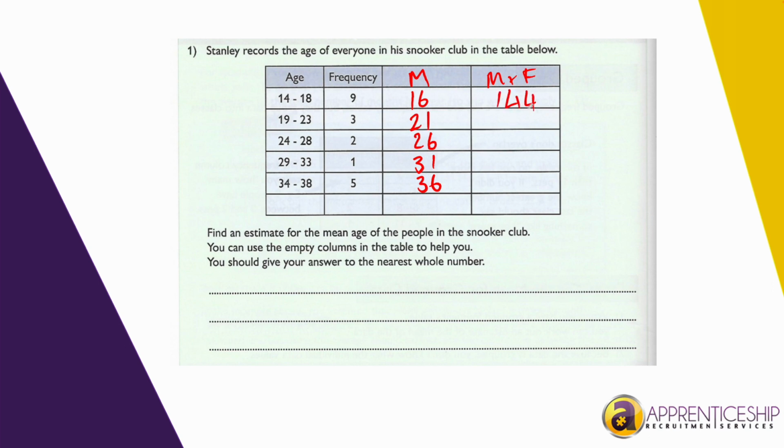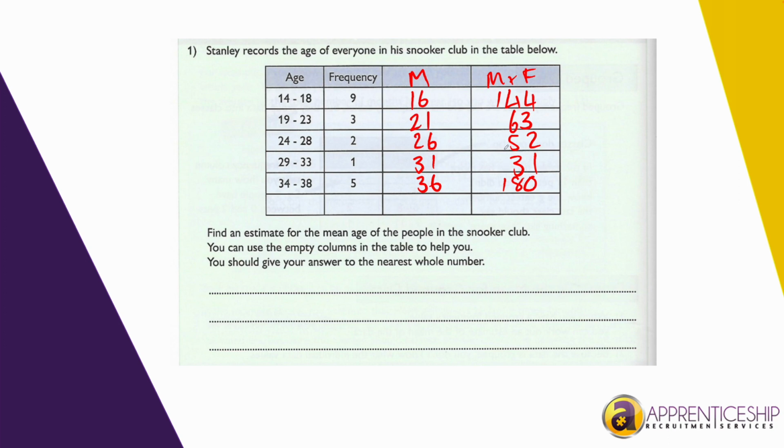3 times 21 is 63. 2 times 26 is 52. 31 and 5 times 36 is 180. I've also seen these types of questions in non-calculator, so you just need to make sure that your division and your multiplication non-calculator is on point.